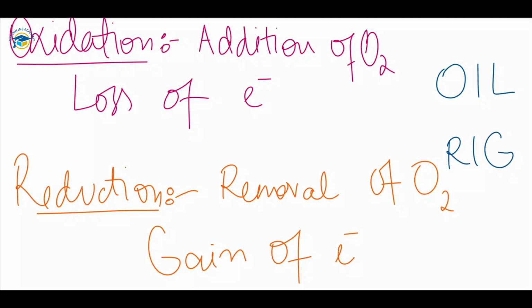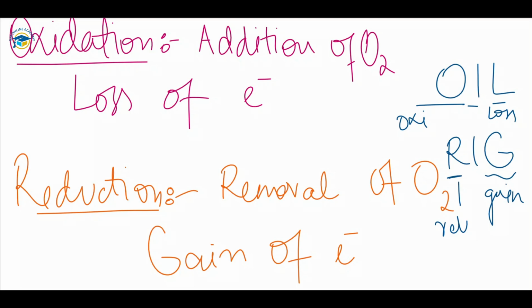This is the hint for remembering the oxidation and the reduction reactions. Oxidation, this O represents oxidation, and oxidation is loss. So loss of electrons happens in oxidation, and this R represents reduction. Reduction is the gain of electrons, and G represents the gain. So OIL RIG is a mnemonic for remembering oxidation and reduction reactions.